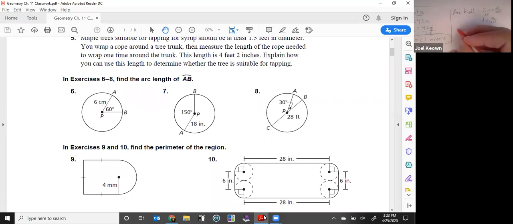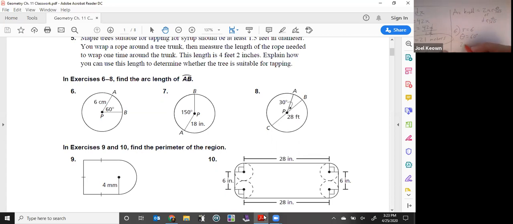Well, let's look at number 6. Number 6, what do they give me? They give me the radius with 6. They give me the angle, we use theta, is 60 degrees. And I need to plug into one of these formulas. They give me r, so I'm going to plug into the top one.